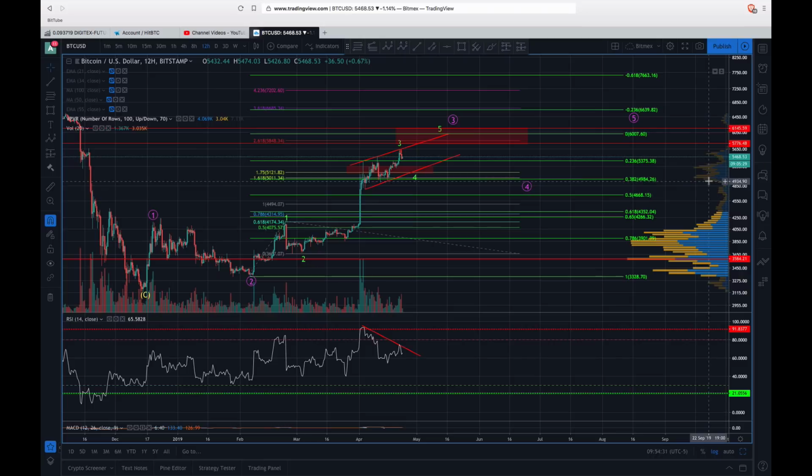And when you have these gaps in the volume, this is just showing you how much volume there was per price level. So at these price levels you can expect support. If we go down below 5,000, we could fall very, very rapidly back down to the 4,000 range, 4,200 range.